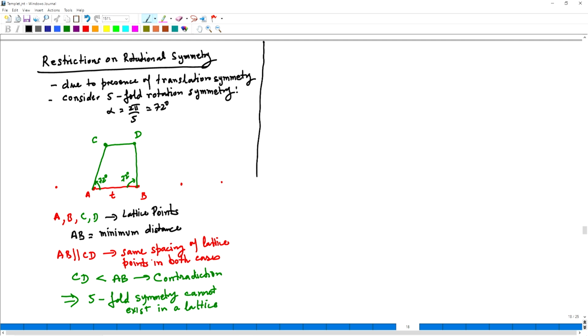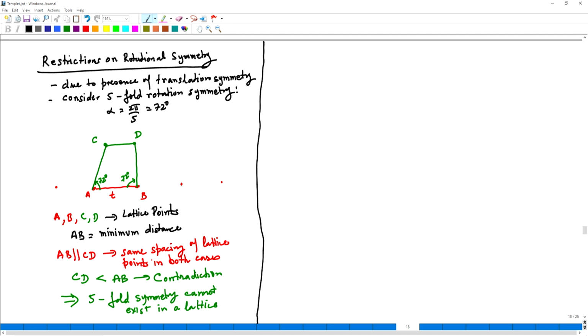This is just one specific case, but let us generalize it and figure out what rotational symmetries are possible in a lattice. This restriction comes as a result of translation symmetry, because if we accept that C and D are also lattice points, then I break the translation symmetry of the lattice.